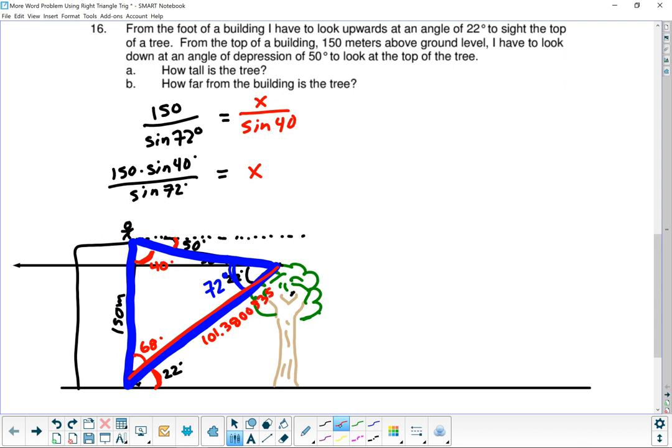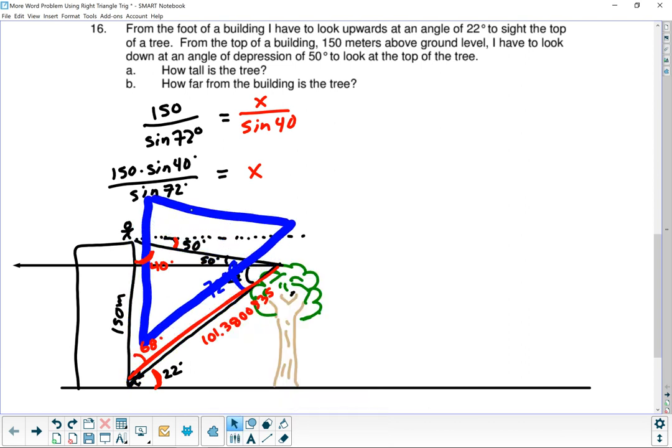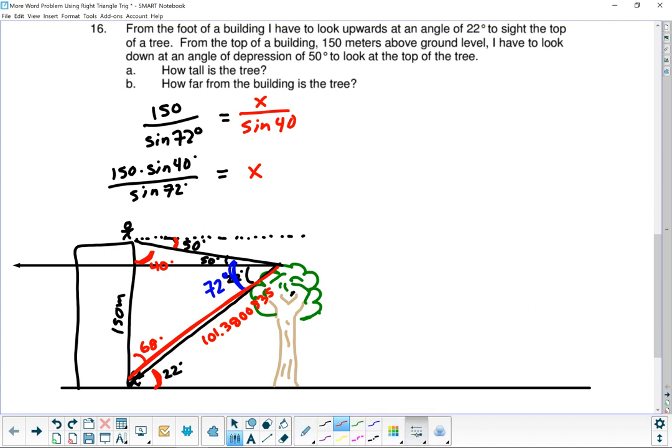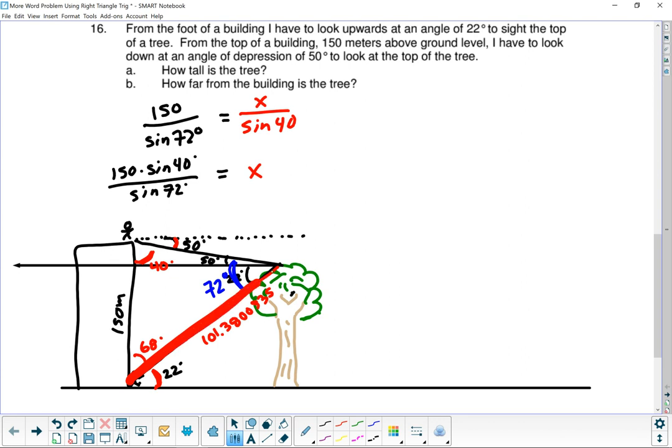Now that I'm done with the blue triangle, I'm going to utilize this red triangle over here. This one will tell me how tall the tree is. I can just do SOHCAHTOA, because this will work.